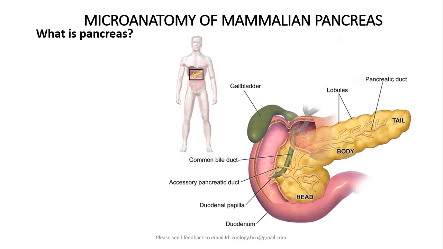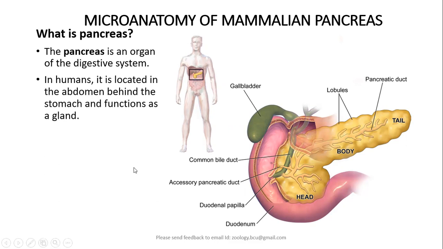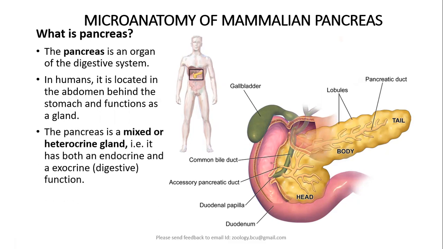So first of all, what is the pancreas? The pancreas is one of the important organs present in the digestive system of mammals. In humans, especially, it is located in the upper abdominal region, just behind the stomach. And as we all know, it functions primarily as a secretory structure or a gland.